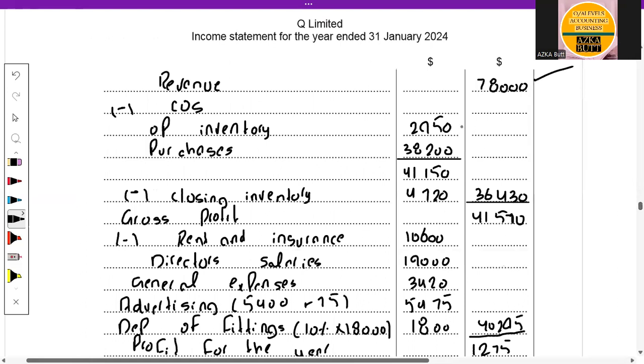Okay, so opening inventory is 2950, purchases are 3820, and the closing inventory is 4720. So you have 36430, which is the total cost of sales, and now deduct the cost of sales from the revenue. So you have the gross profit, which is 41570, and now we have to deduct the expenses.